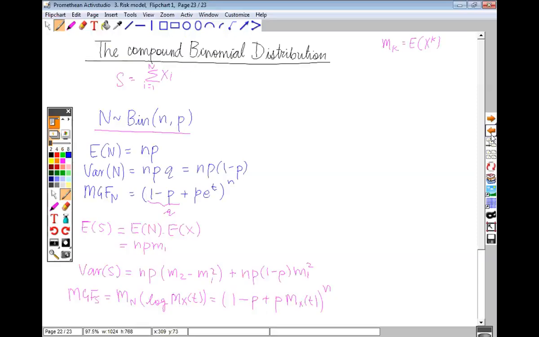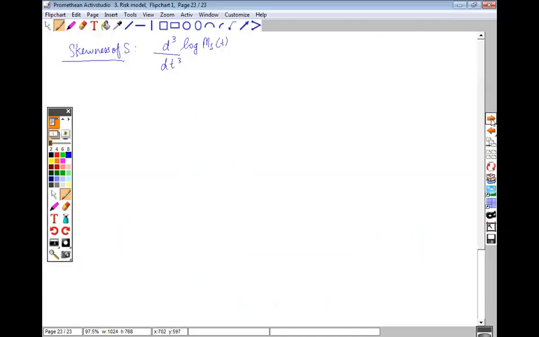So now reminding ourselves of what was our log of M_S(t), if I'm taking log of a raised to b, I know that I can rewrite this as b times log of a, right? So here if you see my n is b and a is the whole thing that I have in the brackets here. So what will I have here? I'll just have d^3/dt^3 of n times log of (1 - p + p M_X(t)).